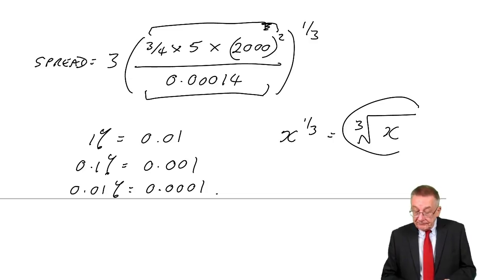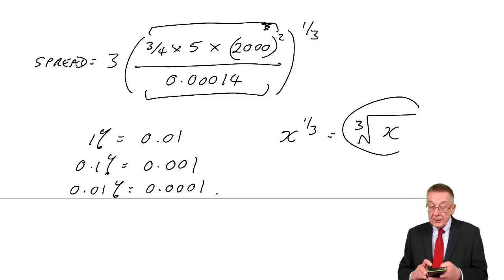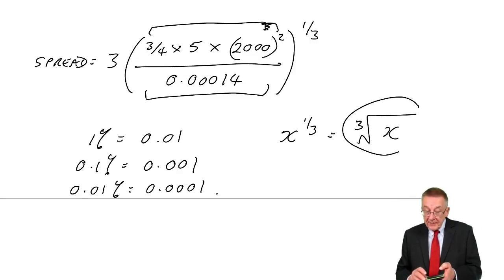Anyway, let's do it. The bit in the brackets, first of all: 3 divided by 4 times 5 times 2000 times 2000, 2000 squared, equals, divide by 0.00014 equals a huge number.